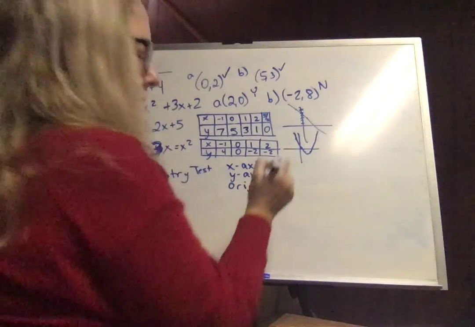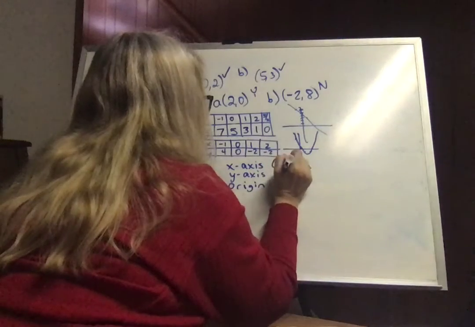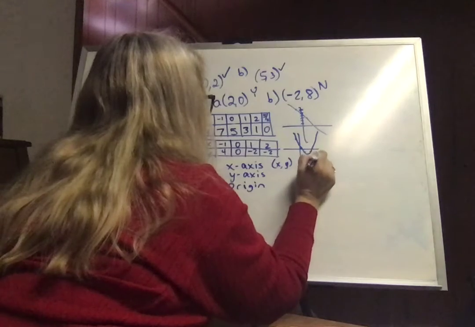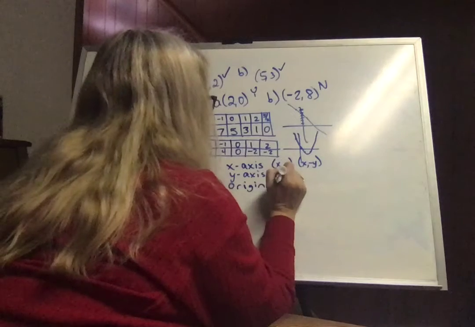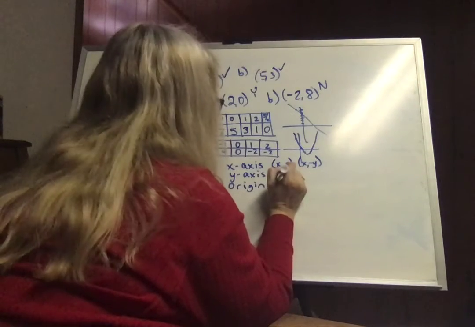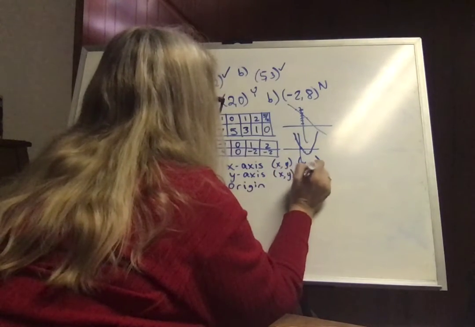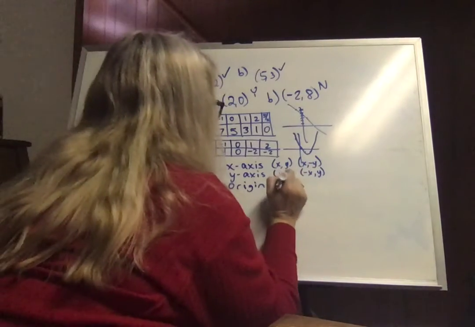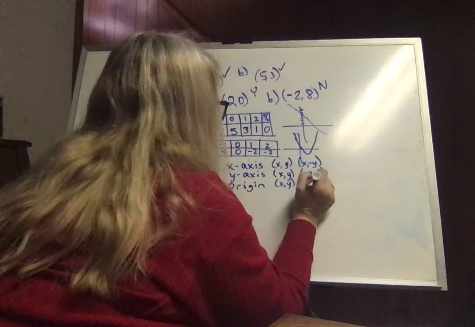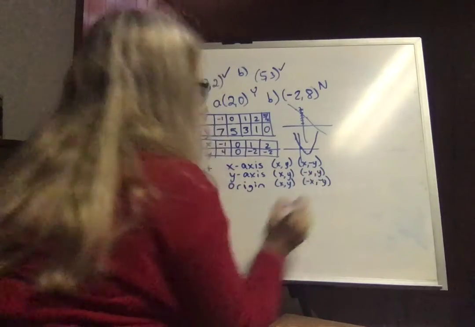X-axis: x, y, and x, opposite y will be on the graph. If it's y-axis, x, y, and opposite x, y will be on the graph. If it's origin, x, y, and opposite x, opposite y will be on the graph.